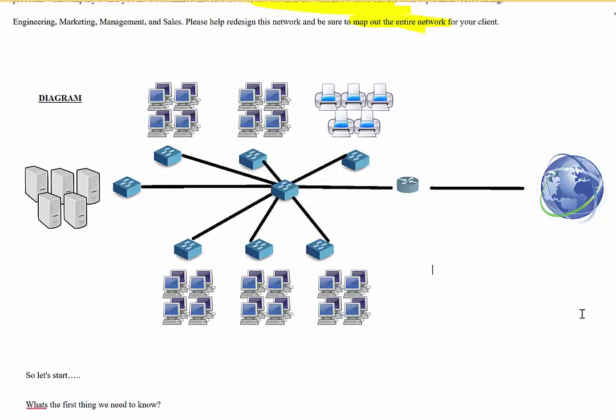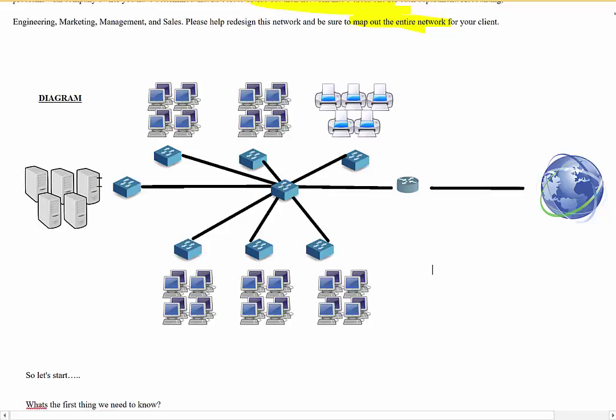All right, so this is a diagram that is accompanying the word problem. Starting from your right-hand side, we see that there's the internet. There's a router that's connecting up to the internet. And then we have a central switch connected up to the router. Spanning out from the central switch, it looks like we have 1, 2, 3, 4, 5 groups of computers, all connected via switches to the central switch.